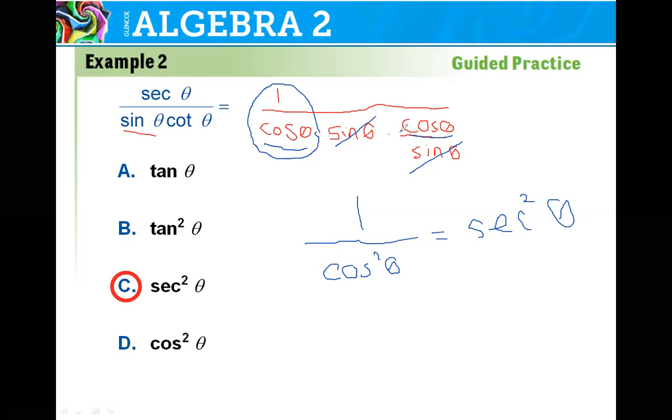I cancel sine with sine up and down because they are multiplied here. Okay, cancel. The remainder is 1 over cosine multiplied by cosine. Cosine times cosine equals cosine squared. So 1 over cosine squared is sec squared. So this is the answer of the first problem.